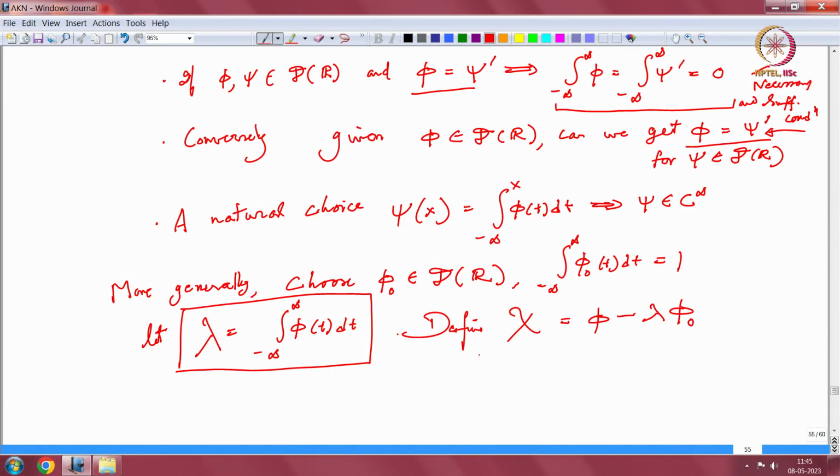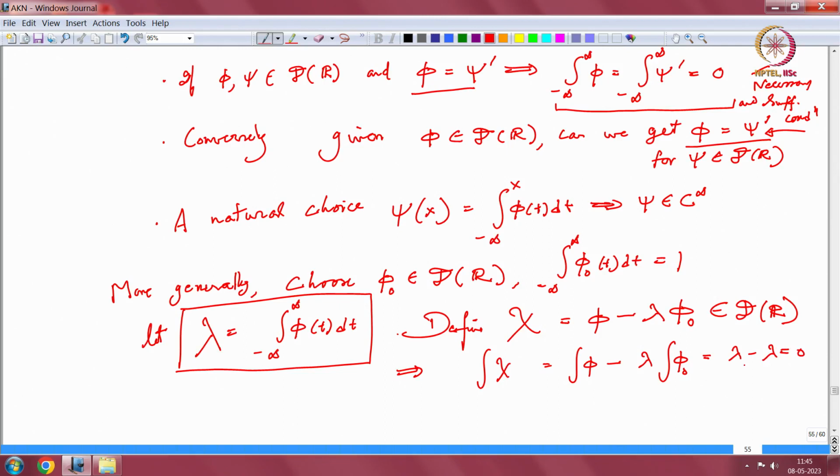Now the integral of chi is equal to the integral of phi minus lambda times the integral of phi naught, where lambda is a constant. You made phi naught compactly supported, so it is in D of R, and the integral of chi is lambda minus lambda times 1, so you have 0.